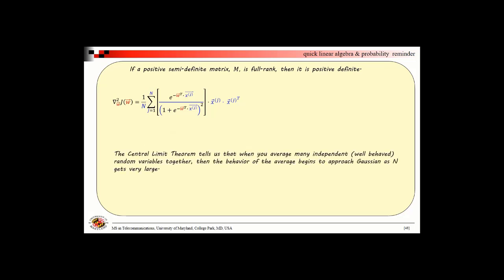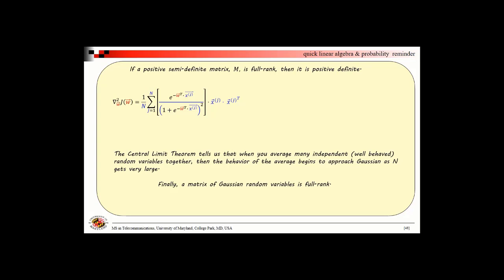Well, the central limit theorem tells us that when you average many independent, well-behaved random variables, then the behavior of the average begins to approach Gaussian as n, the number of instances, gets very, very large. Finally, a matrix of Gaussian random variables is full rank.